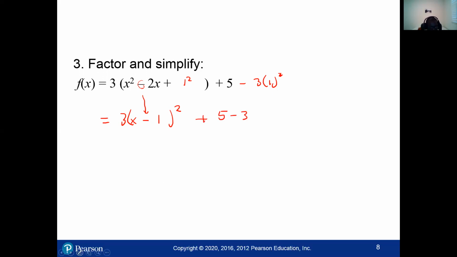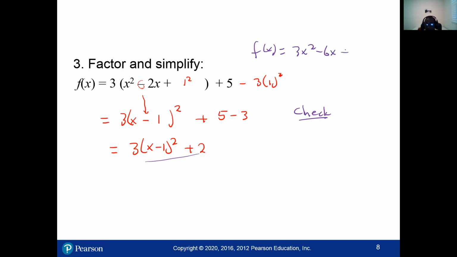Let me change my color. So then the function f of x becomes what? 3 times (x minus 1) squared plus 2. Now if I want to check if this is correct, that is, if I take this expression and square it, would I get the f of x, which was 3x squared minus 6x plus 5?